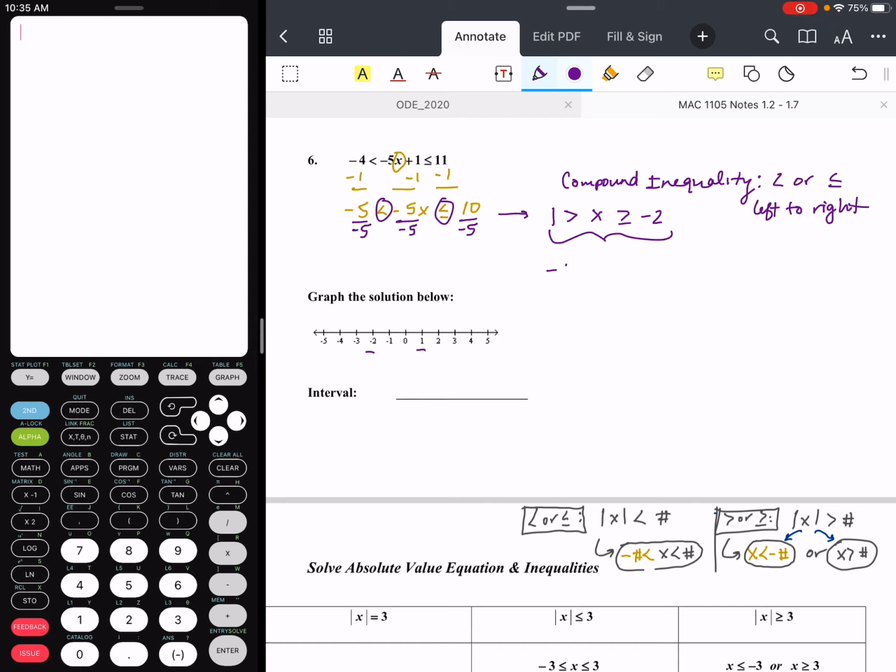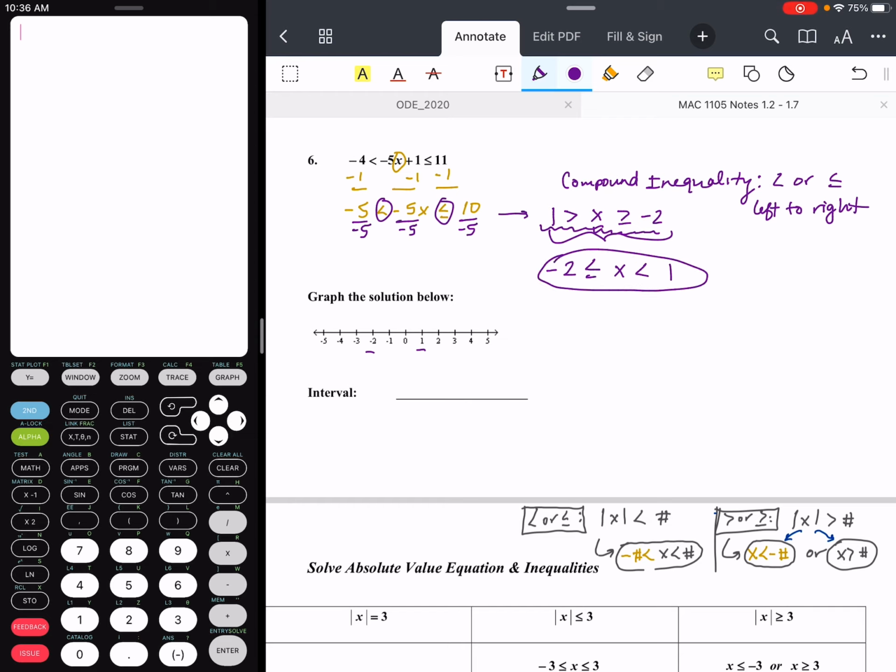I'm going to put my -2 here, my 1 here, and my x in the middle. So inside the inequality, if x is greater than or equal to -2, that means -2 is less than or equal to x, right? Those are the same statements. Over here, if 1 is greater than x, that means that x is less than 1.